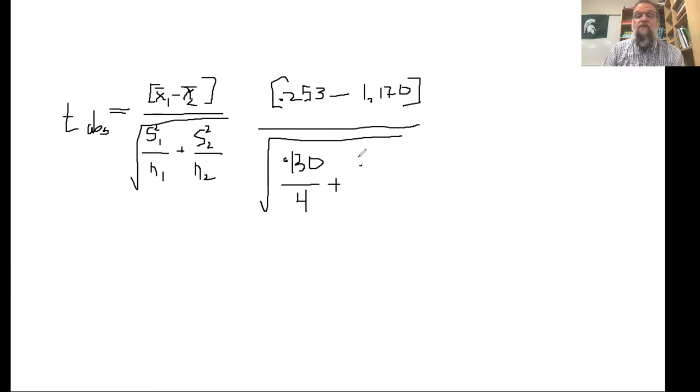Let's say that was 0.392. And I'm going to divide that by the sample size, which happened to be the same in this case, 4. And now I just have to do the mathematics. So if I do the mathematics here, this is going to give me a negative 0.913, but it's the absolute value, so it's positive 0.913.